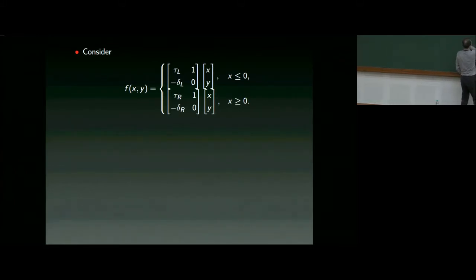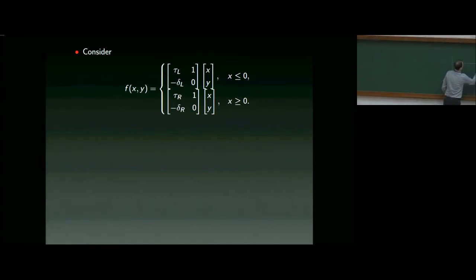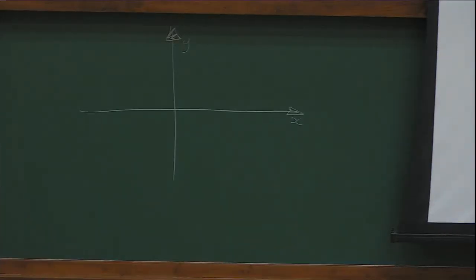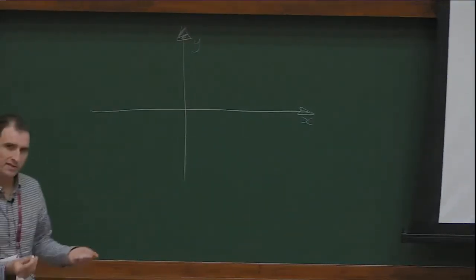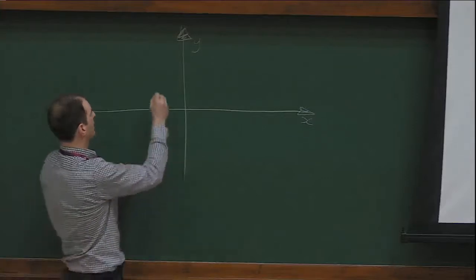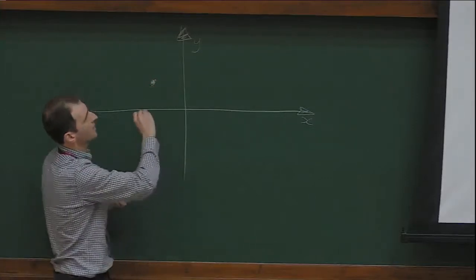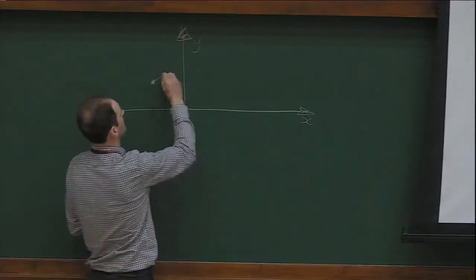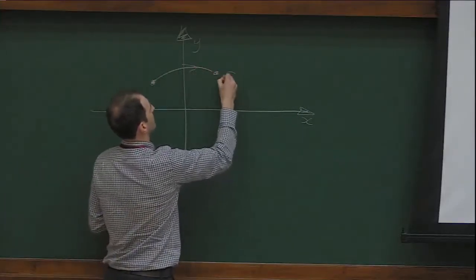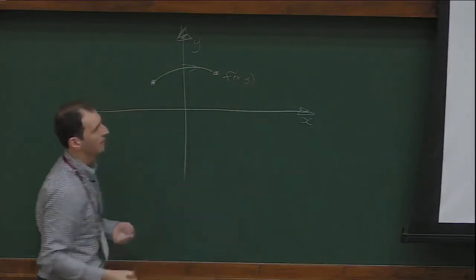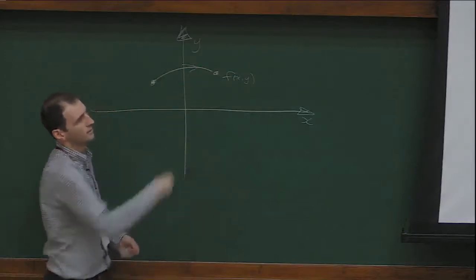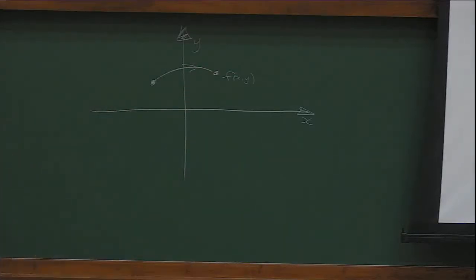So for any point x, y, the function takes us to another point, f of x, y, and then we can keep iterating the map to get f squared of x, y and so on. And we're interested in the behavior of the map as we keep iterating.